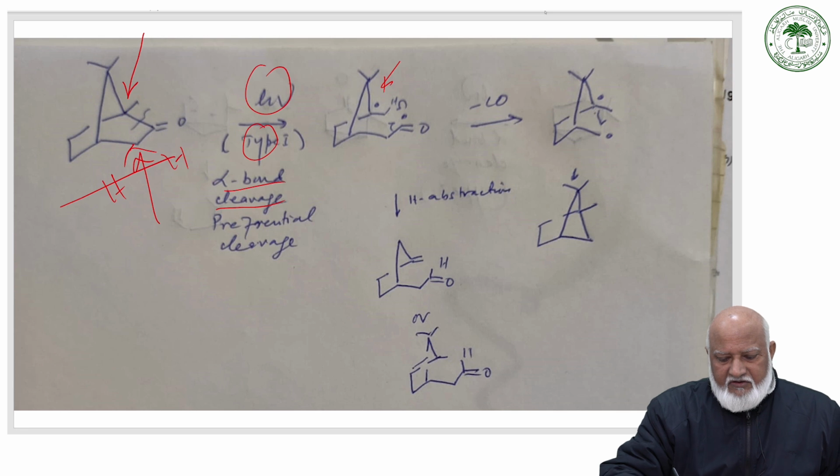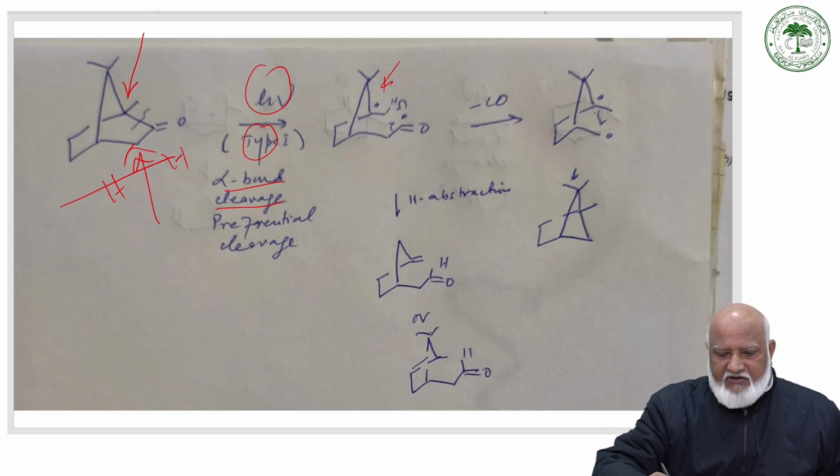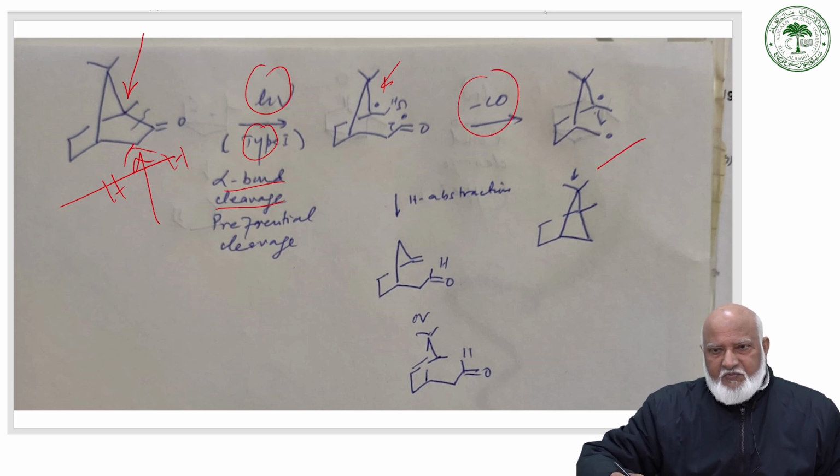This radical is more stable and will be preferentially formed. The next step is decarbonylation, loss of CO, to give this diradical species. This diradical species can recombine to give one of the products.